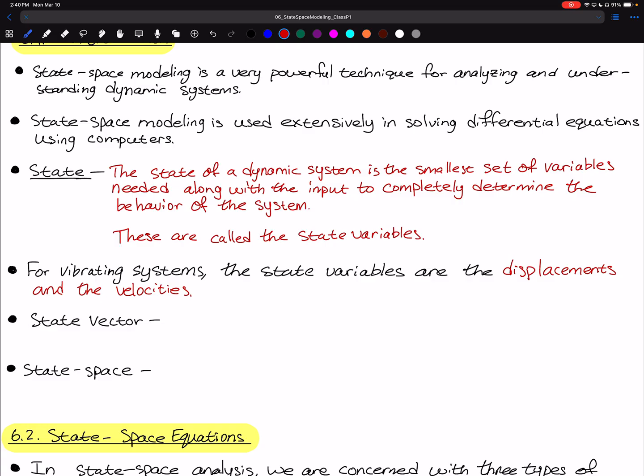The velocities tell you where it's going at a given time. So for a harmonic oscillator, if you know the displacement at a particular time, you'll know where it is. And if you know the velocity, then you'll know in which direction it is going to move next. That's everything you need to fully determine what's going to happen to the system, provided you also know the input.